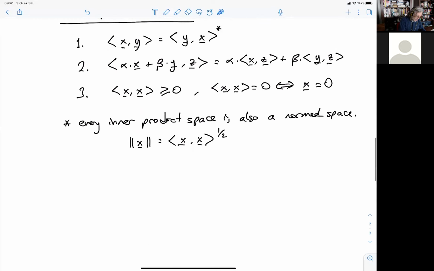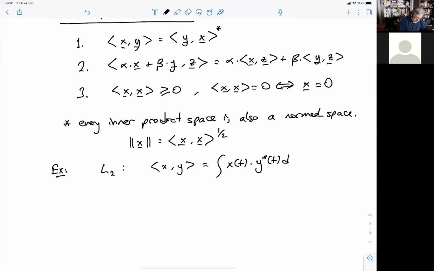But what is an inner product example that we have for signals? Well, for signals, we can have, for example, in L2, if you have this continuous Euclidean distance induced vector space, then x and y, these inner products, where x is x of t, y is y of t, by the way, is equal to the integral of x of t times y conjugate of t dt.